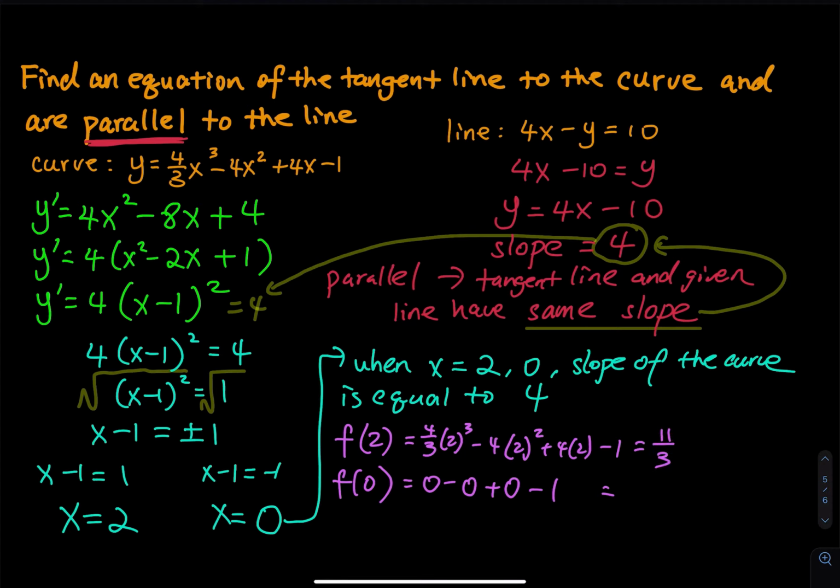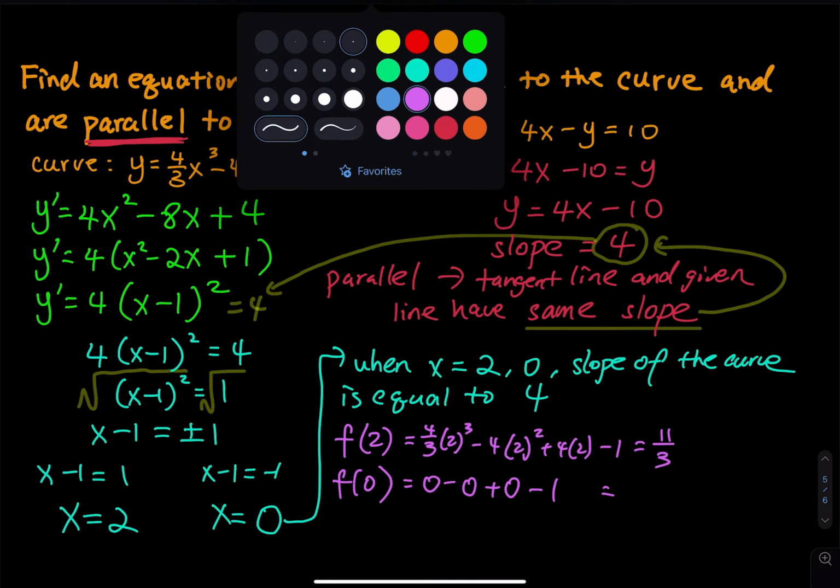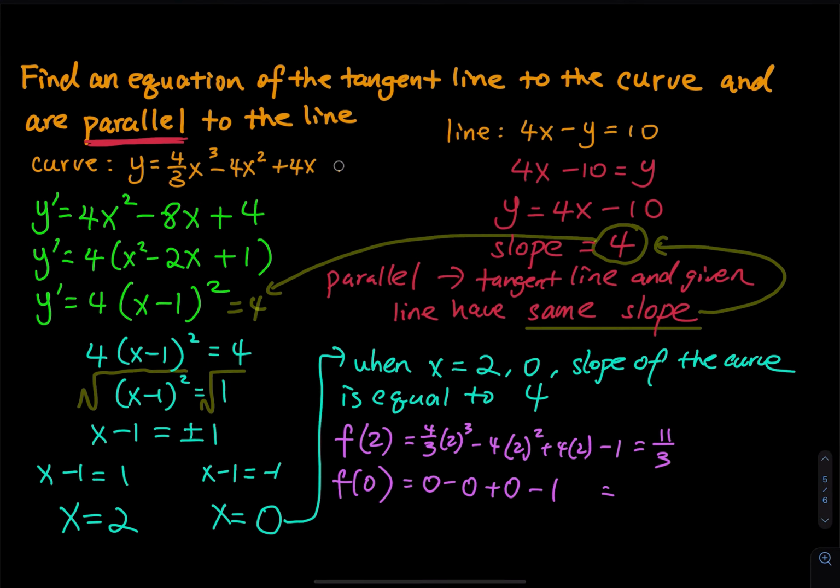That gives me 1. The last one is a plus or a minus. Let me make a correction right over here. I want to make a minor change on the curve, but that is not going to affect what we wrote already. So I am going to change the minus to a plus. So here, I am going to change this to a plus 1.